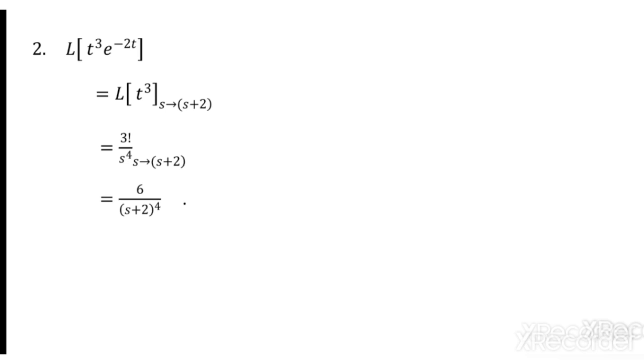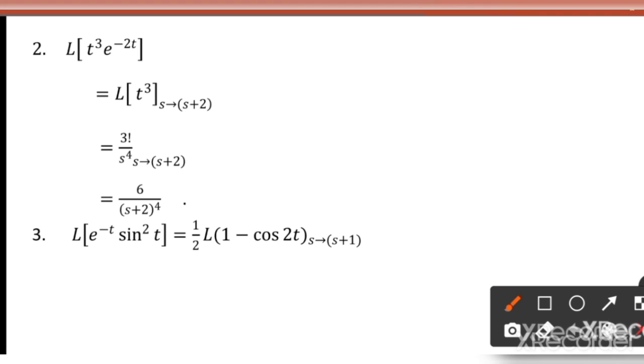Take one more, e power minus t into sin square t. Remember the associated function is sin square t. First get the Laplace transform of sin square t. Once the result is obtained, then replace s by s plus 1, because here a is minus 1, so s minus minus 1 is s plus 1. But we can't get sin square t directly, so simplify first by applying the result sin square theta is half into 1 minus cos 2 theta.